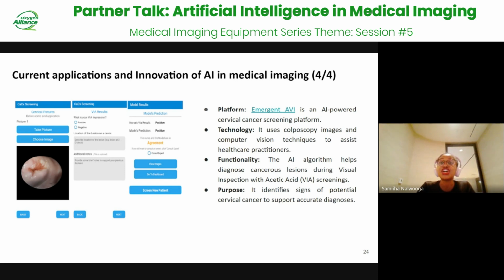Then these images are fed into the computer vision models that will assist health practitioners by telling them, given an image, is someone susceptible to having cervical cancer or not? It looks out for the cancerous lesions in those images. Once it spots them, it's able to know that, since there is a presence of cancerous lesions, this person is susceptible to having cervical cancer or not.